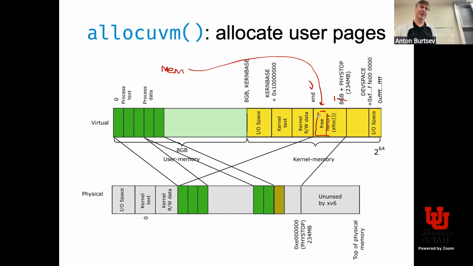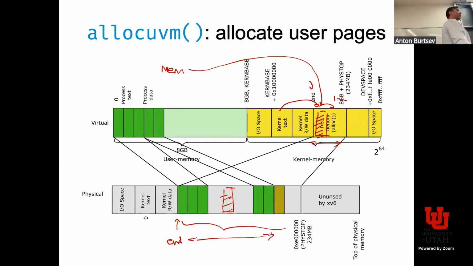So this range. Specifically, we're managing this list of memory. In physical memory, it sits above the kernel end, and it's a list of free pages. We have a pointer to the next available page, and these pages are connected with a list, and we're allocating one of them from this list. Does it make sense? So in virtual memory it shows up in this region, and in physical memory it's right here, and we're getting one of those pages.